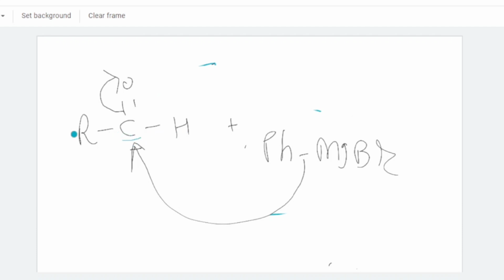If the group connected with this carbon has a minus inductive effect, this carbon will have more partial positive charge and the reactivity of such a compound will be more. And if a plus I effect is present in the side groups, the carbon will have less positive charge, so the reactivity will be low. So this is the first case, in which we know there is an inductive effect.